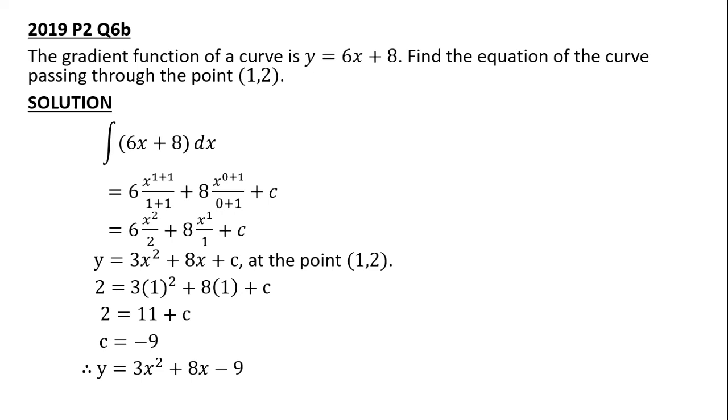From this original integral, we found y equal to 3x squared plus 8x plus c. Replace a negative 9 where there's that c. So our y will be equal to 3x squared plus 8x minus 9.